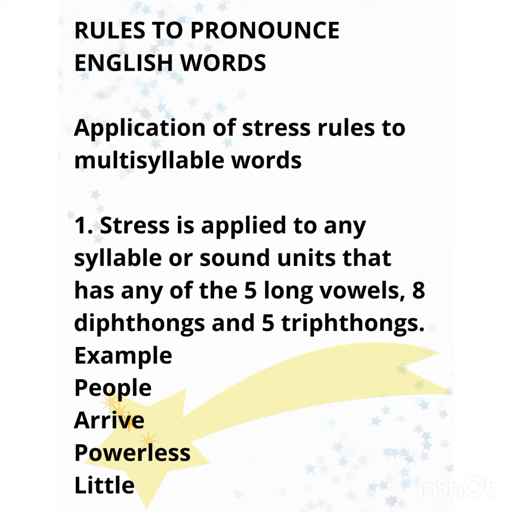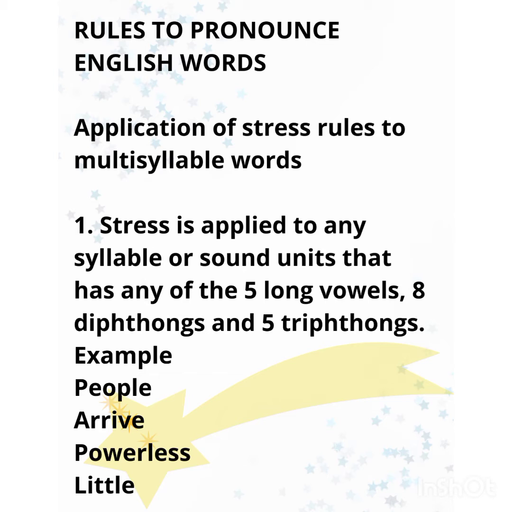First of all, the first rule here, we say stress is applied to any syllable or sound unit that has any of the 5 long vowel sounds, 8 diphthongs, and 5 triphthongs. I'll take that again so you can digest it properly. Stress is applied to any syllable or sound unit that has any of the 5 long vowels, 8 diphthongs, and 5 triphthongs.